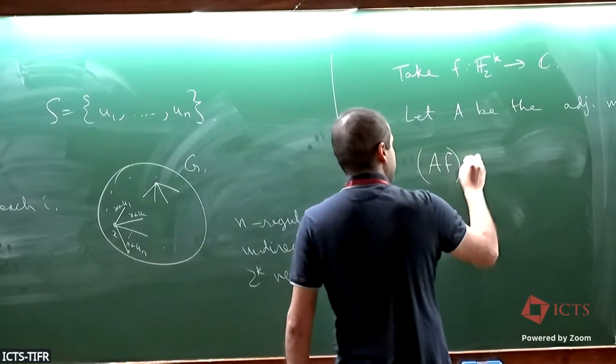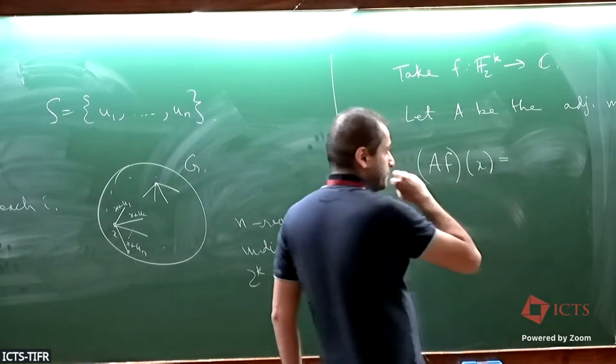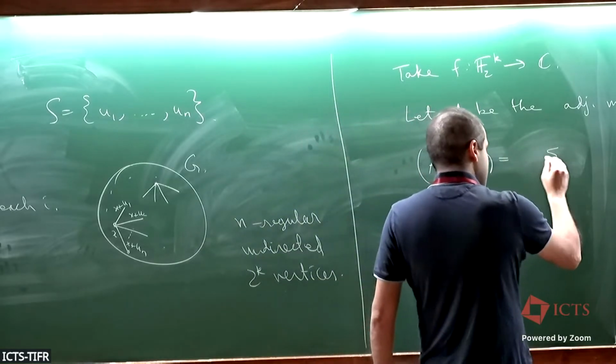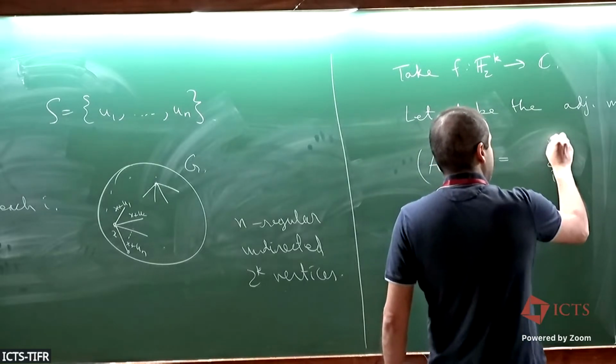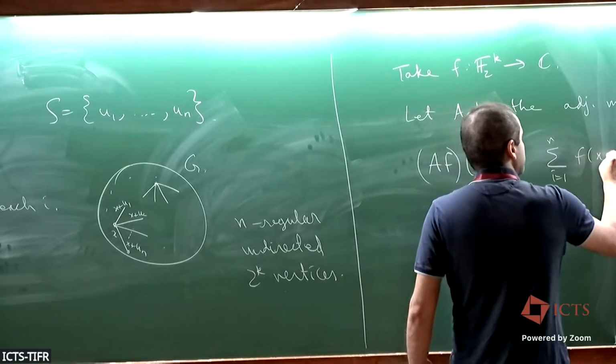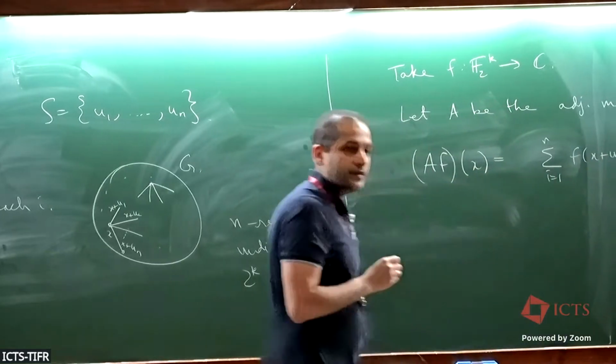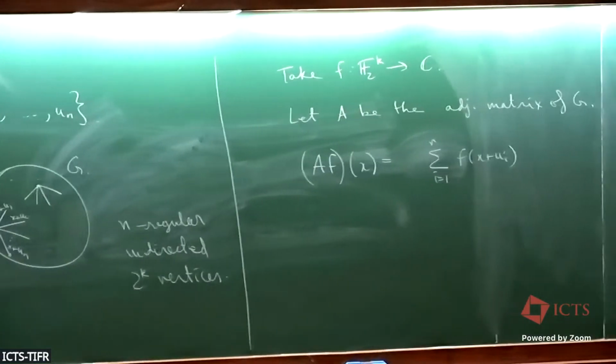Then what is Af? Af at x is the sum over all i from 1 up to n of f of x plus ui. That's the definition of the graph.